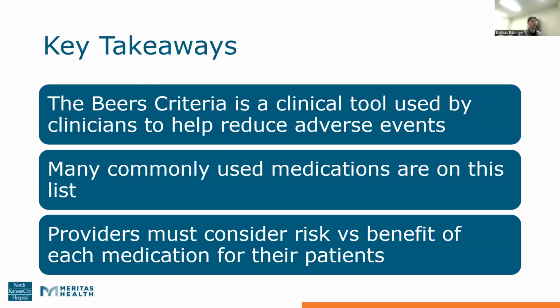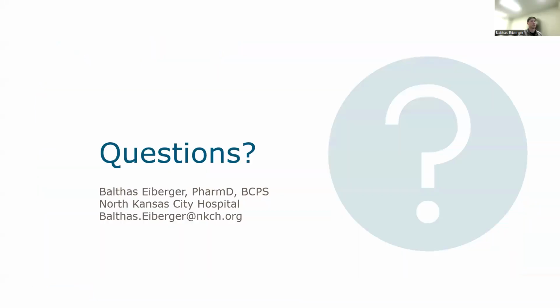Again, it's weighing the risk versus benefit of each medication, which is what your providers should be doing for all of their patients. So with that, that takes us to the end. If you have any questions, I'd love to try to answer them, or if you want to reach out to me via email, that's totally okay too.